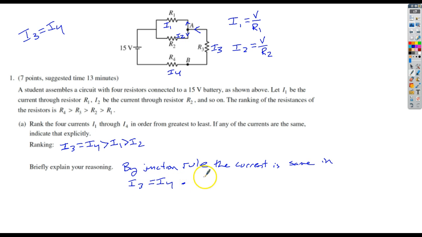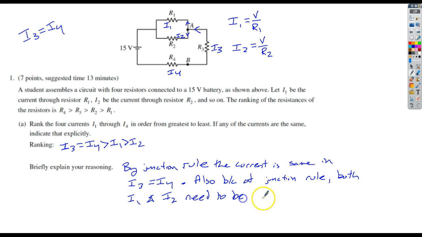The next thing we need to do is talk about, also because of the junction rule, both I1 and I2 need to be less than I3, which is equal to I4.